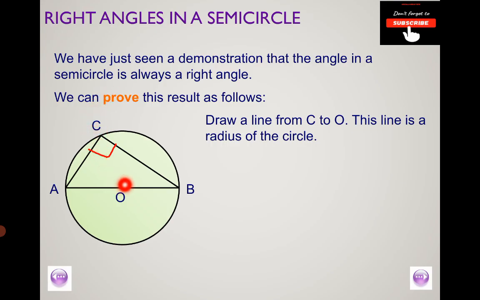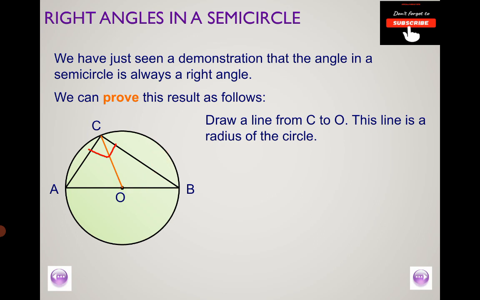Remember that point O is the center of the circle. So we're saying just join the line CO, and this line will be the radius. From our definition, a radius is a line drawn from the center of a circle to any point on the circumference. So the line in orange is basically the radius of this whole circle.